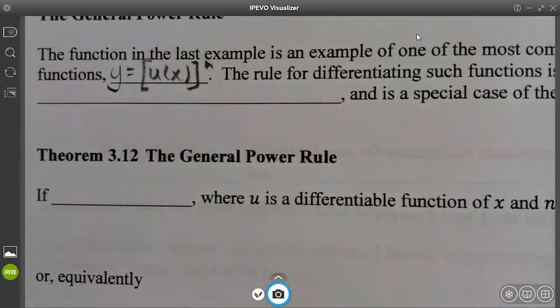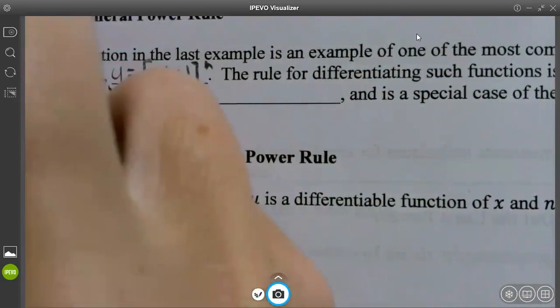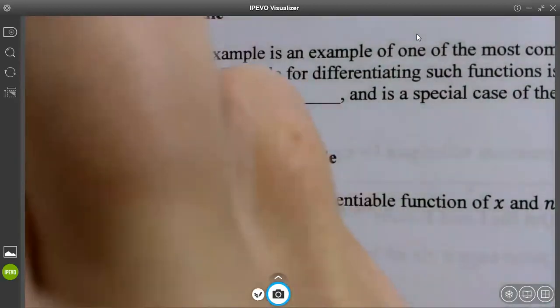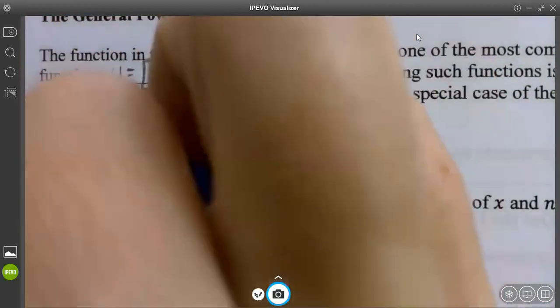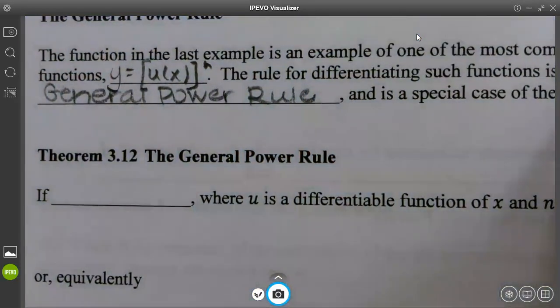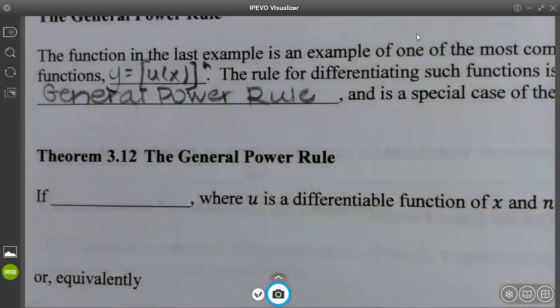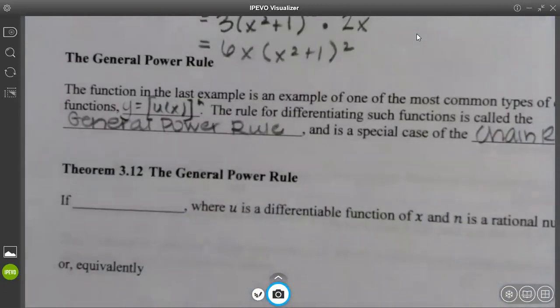The rule for differentiating such a function is called the general power rule, and is a special case of the chain rule. I wanted you to be able to see that power.